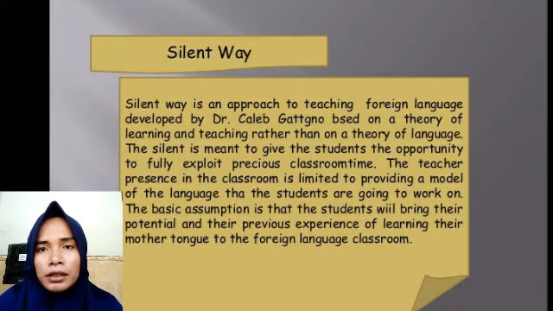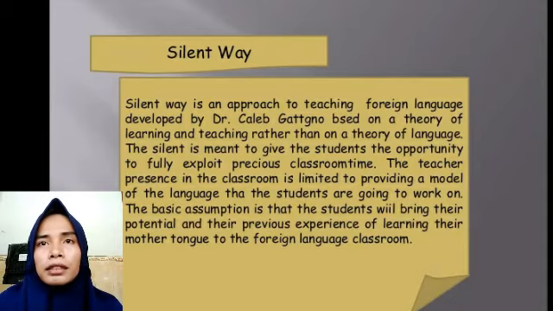The teacher's presence in the classroom is limited to providing a model of the language that the students are going to work on. The basic assumption is that the students will bring their potential and their previous experience of learning their mother tongue to the foreign language classroom.